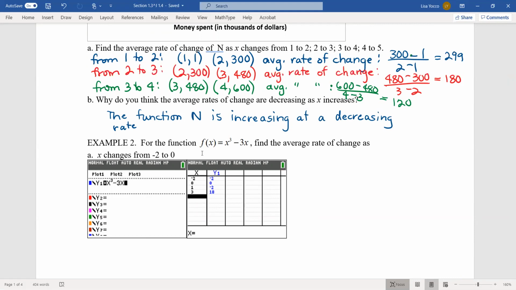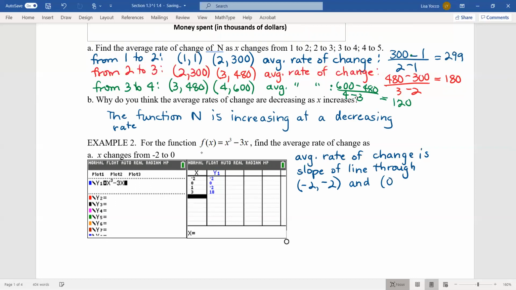All right, so as X changes from -2 to 0, the average rate of change will be the slope of the line through the 2 points, (-2, -2) and (0, 0). You can call it M if you want for slope.